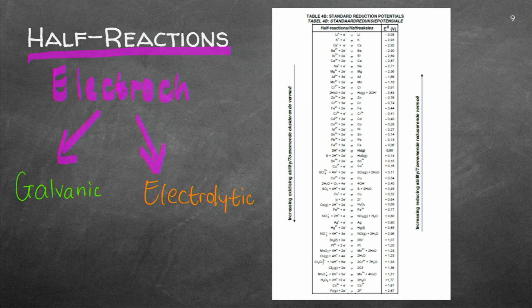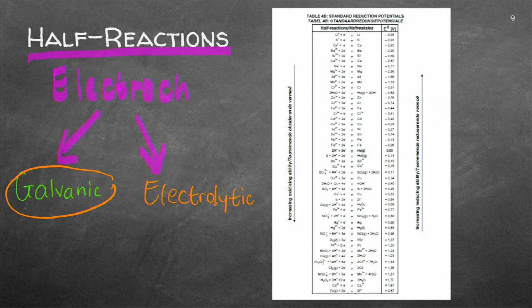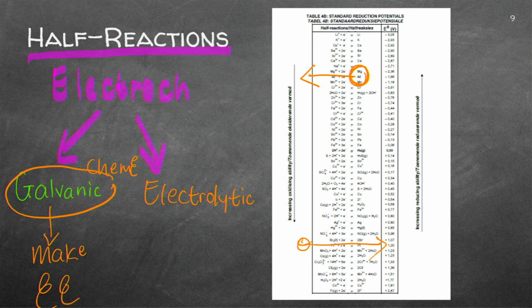So be careful. If I'm working with a galvanic cell, I actually make electricity. I go from chemical energy to electrical energy. Therefore, I'll have this oxidation there, and I have that reduction there. I'll get to the other one just now. And if you have a look at your gradient in your table, can you see it's a positive gradient?